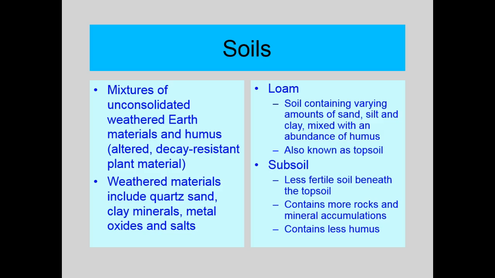Well, what humus does is fill the gaps between the soil particles, the pores, and with this decay-resistant plant material, and that stuff holds on to moisture really well, but it gives it up to plant roots nicely, very nicely, okay?